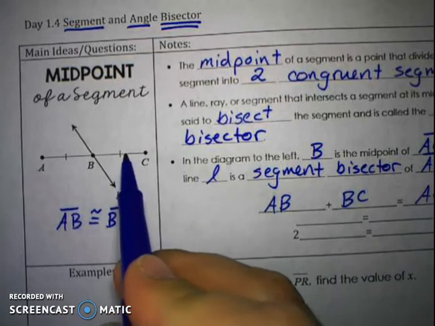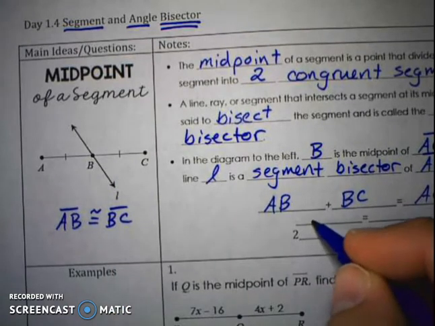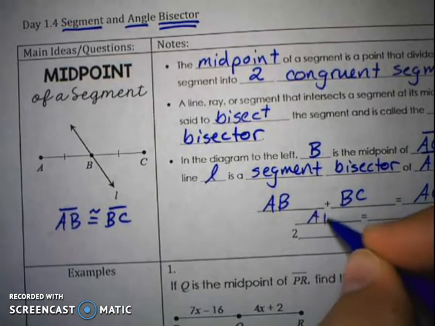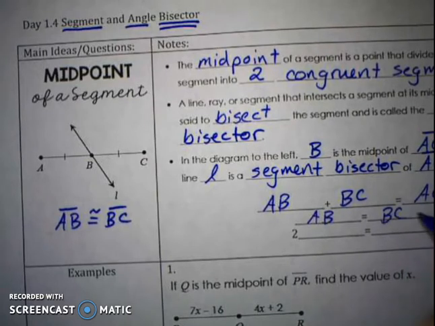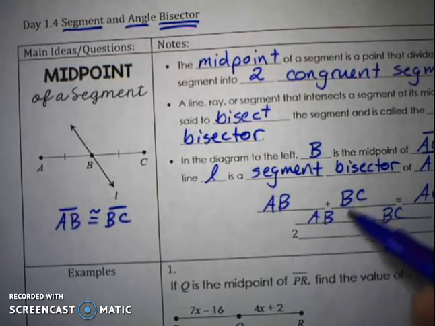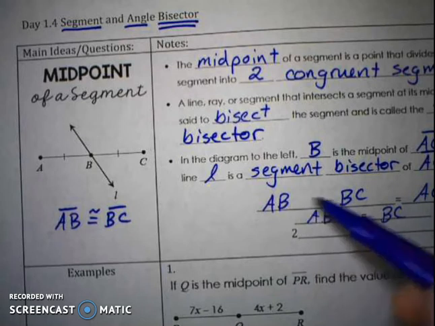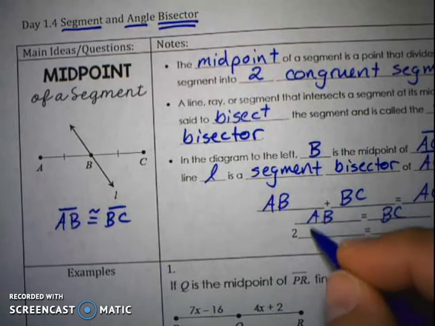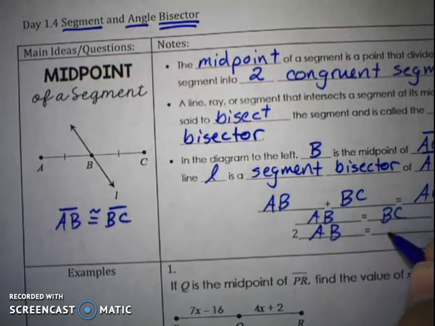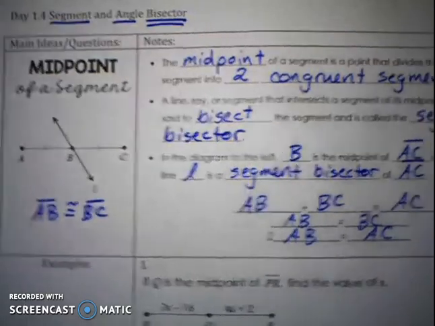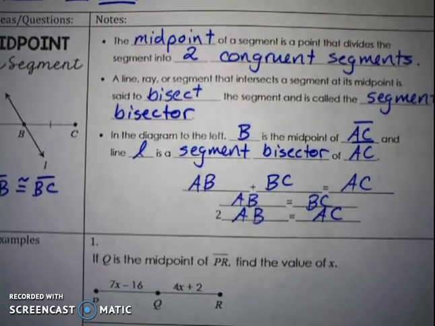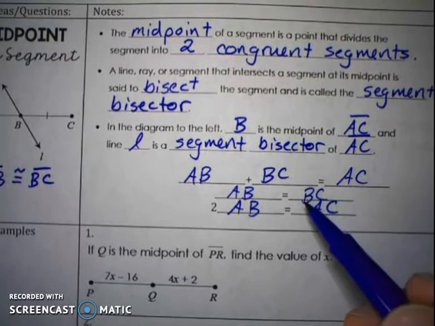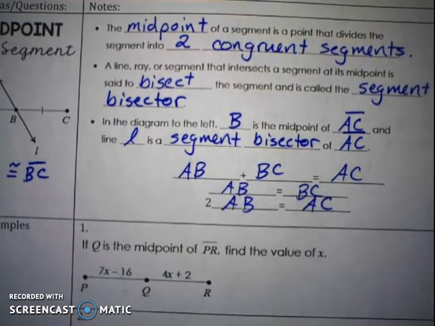Well, since AB and BC are the same, I could say that AB equals BC. So by a little bit of reworking, instead of saying AB plus BC, I could just say 2 times AB is also equal to AC. So we can manipulate the equation a little bit to get those ideas, and any of these equations could help us in problem solving.